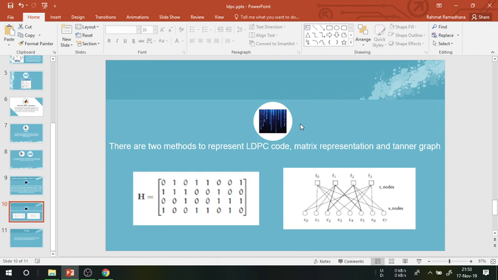There are two methods to represent an LDPC code: matrix representation and the Tanner graph. Matrix representation is the left side or the top, and then the Tanner graph is the right side.